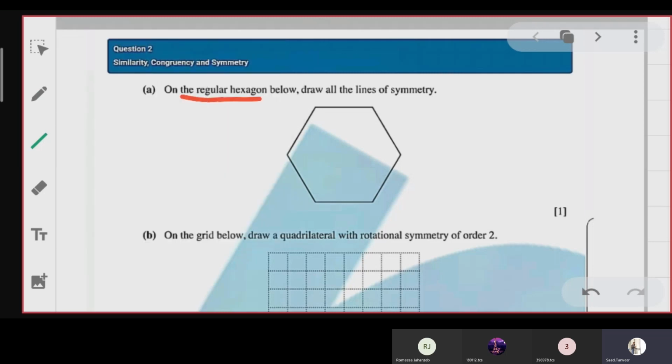ऐसा ही है. तो मुझे इसकी line of symmetries बता सकते हैं कि how many line of symmetries do we have for the following hexagon? Anyone?